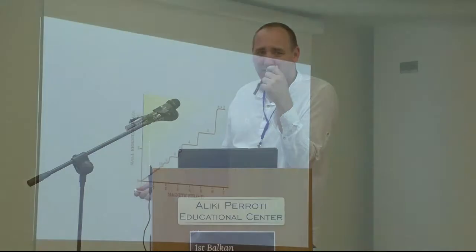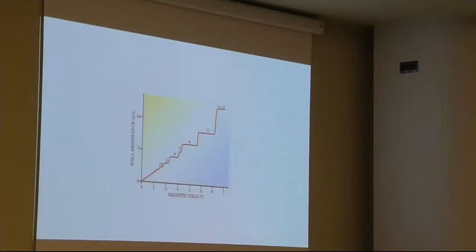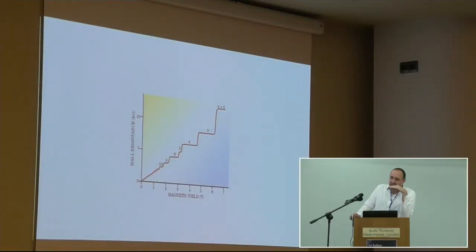Because what is the fractional Hall effect? In the integer Hall effect you had an integer number of Landau levels filled. But in the fractional Hall effect this number is called the filling factor, and it is like a fraction.